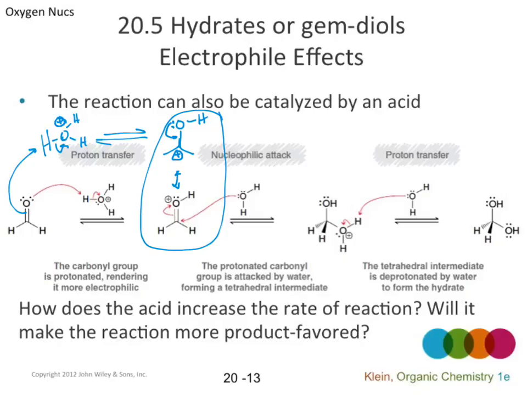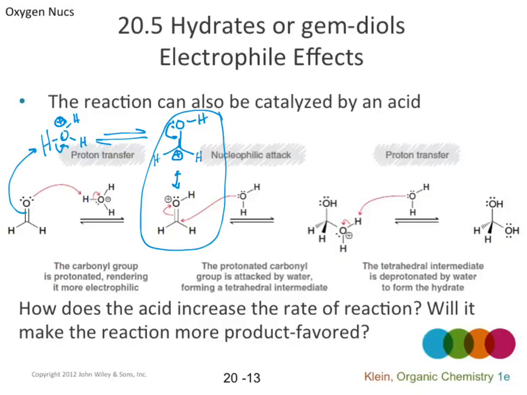Okay? We generate that intermediate. That intermediate, through that resonance stabilization, puts a very large positive charge on our carbonyl carbon. The end result, we can get our nucleophilic attack. We need to stabilize that positive with the electrons from our oxygen. Come in, stabilize it.